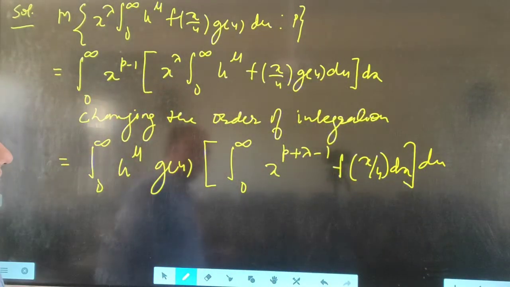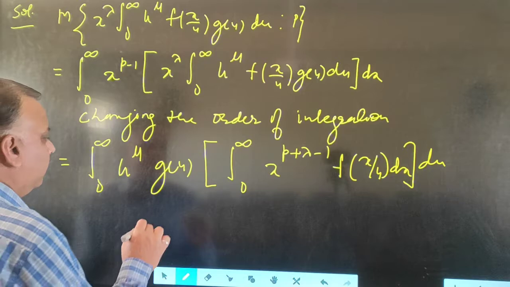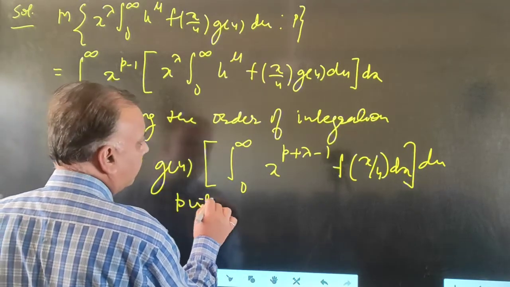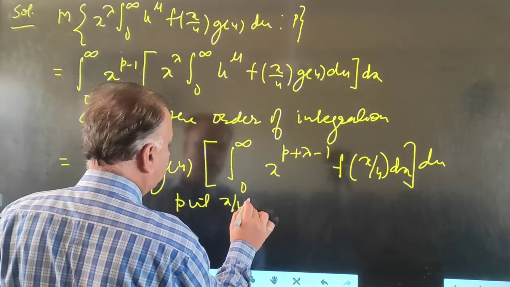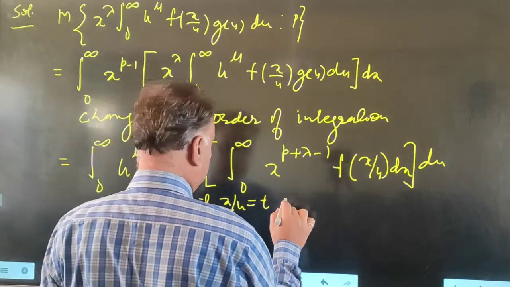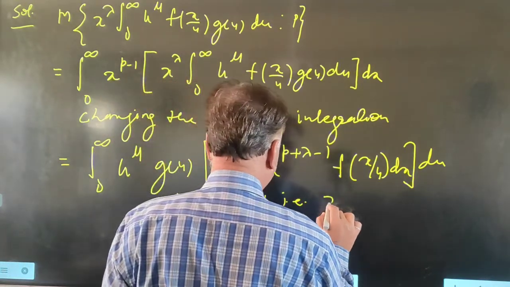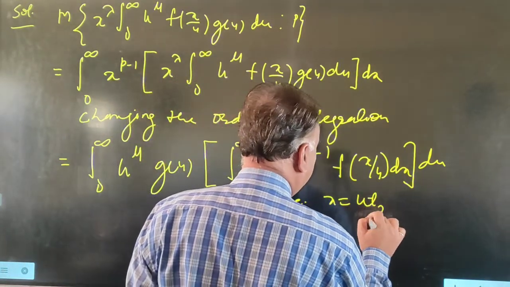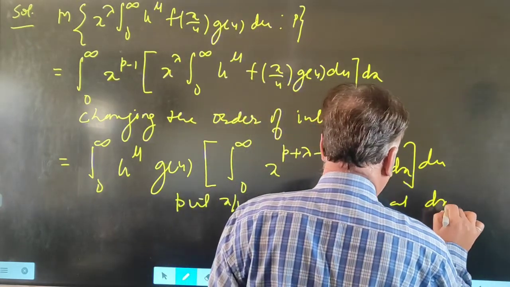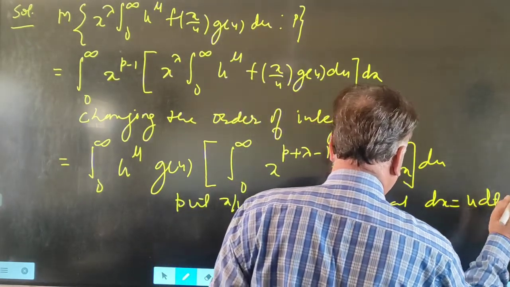Now in order to find the integral, we put x upon u equal to t, that is x is equal to ut and dx is equal to u dt.